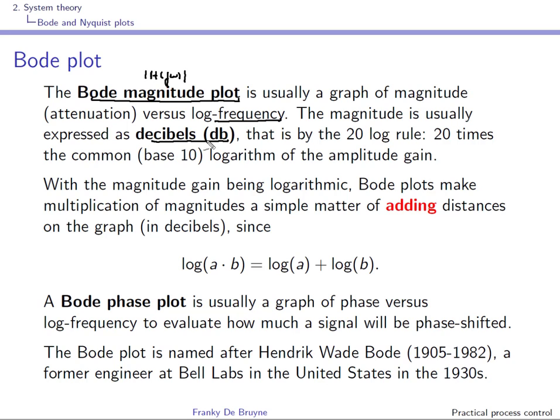To obtain decibels, you have to use the 20 log rule, and here it's the base 10 logarithm that is used. The bottom part is the Bode phase plot, right? And it is related to the argument of H(j omega), right? And here the phase shift is plotted against the log frequency.